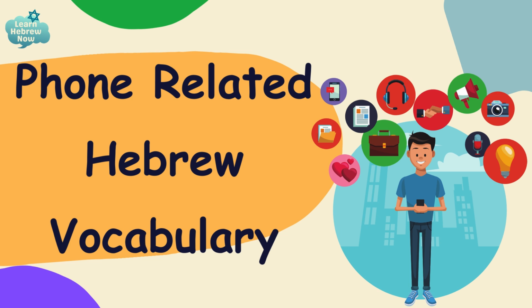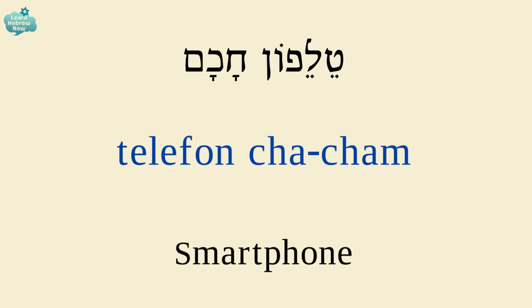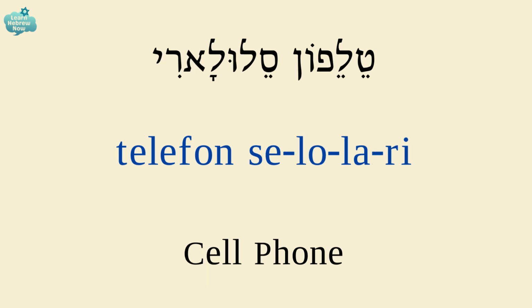Let's begin. A smartphone is טלפון חכם. טלפון, phone, חכם, smart. A cell phone is טלפון סלולרי. סלולרי.